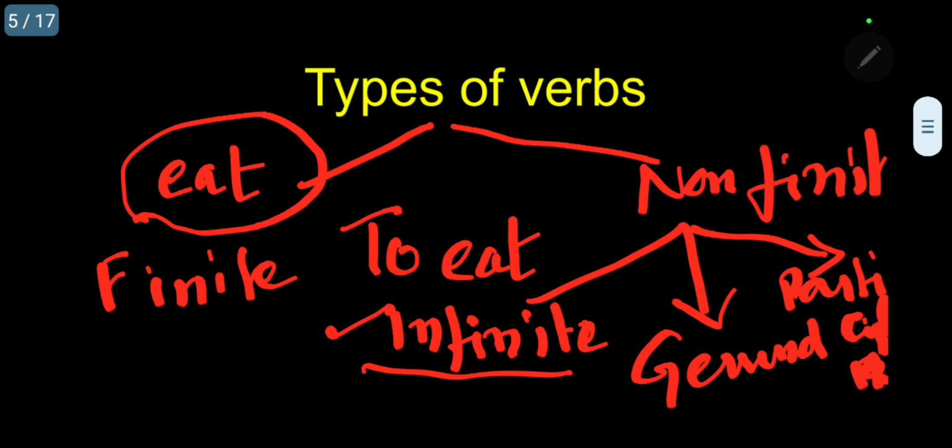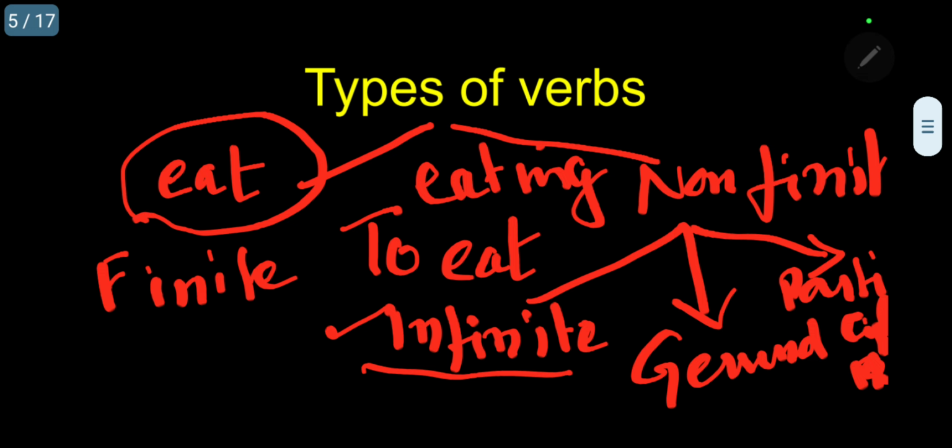Gerund: simply with the verb you have to add ing. Kindly follow what way: the same verb eat, eating, walking, running, etc. But here you should be very careful. Always ing will not come simply.